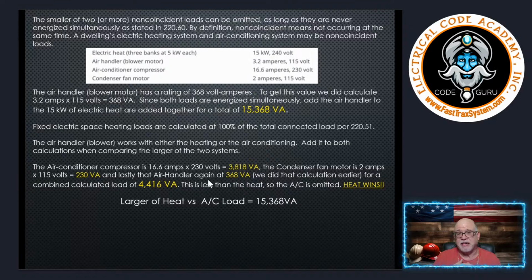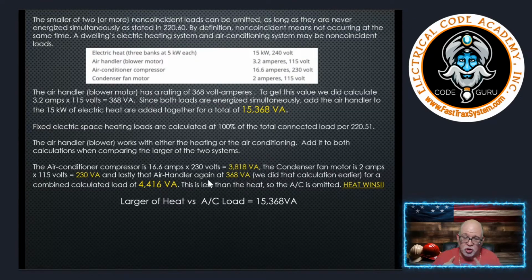And so I only have to count the largest one. In a dwelling unit, the easiest example for us is the AC versus heat, right? So when we're doing that, we want to calculate the heat and we want to calculate the AC.